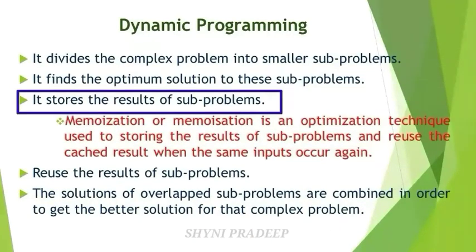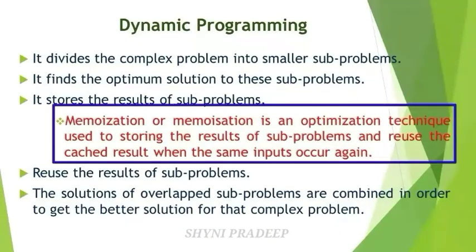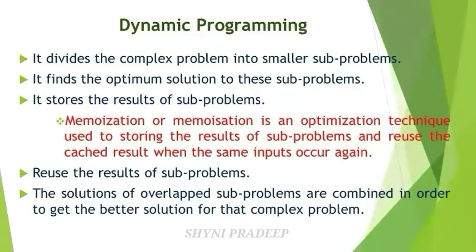Next point, store the results of subproblems. This is called memoization. What do you mean by memoization? The complex problem is divided into smaller subproblems, each subproblem having one solution. Storing the solutions of subproblems is called memoization. Memoization is an optimization technique.